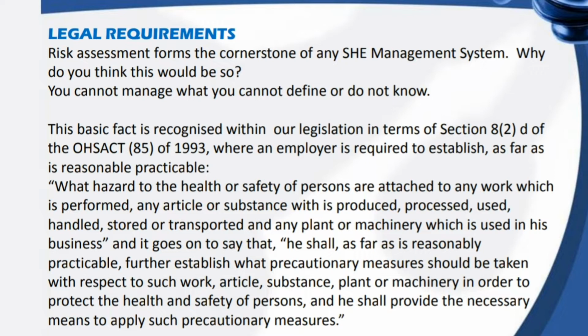It goes on to say that he shall, as far as is reasonably practicable, further establish what precautionary measures should be taken with respect to such work, article, substance, plant or machinery in order to protect the health and safety of persons, and he shall provide the necessary means to apply such precautionary measures.